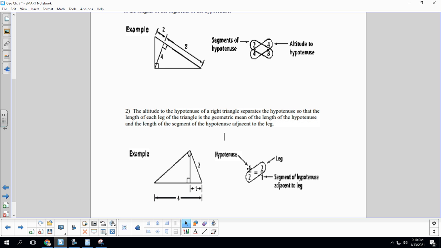So the ratio goes: the hypotenuse over the outside leg is equal to this outside leg over the piece of the hypotenuse. We are going to match up some of the triangles and decide, is it this one where we have the inside altitude, or is it this one where we have the outside leg? And whichever one it is, we're going to make two proportions similar to the way these examples have been made.